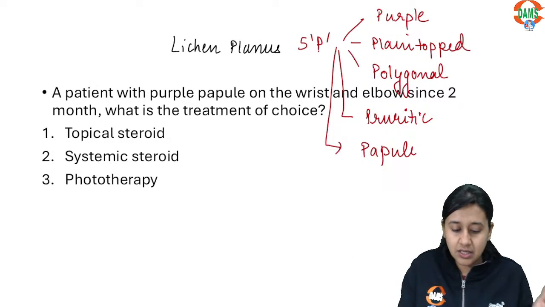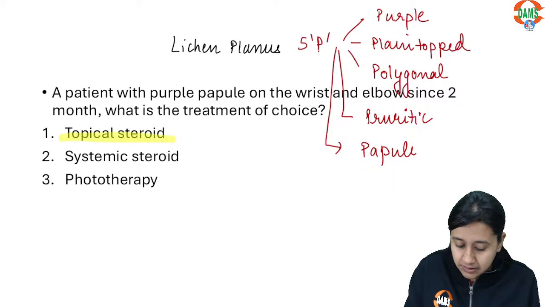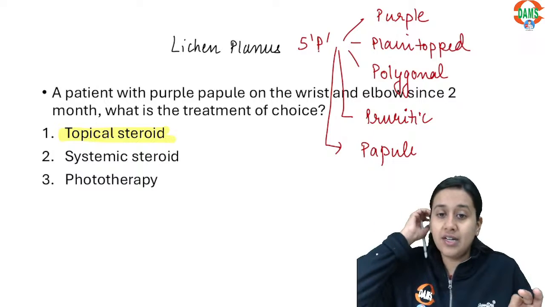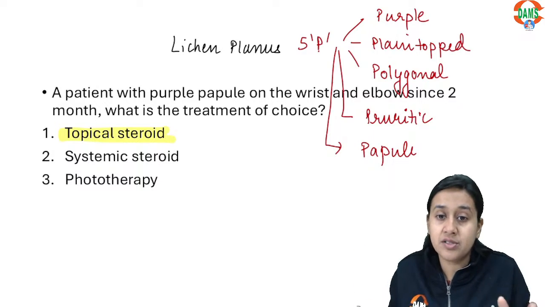But this was the question, and when you know that the diagnosis is lichen planus, please remember the treatment of choice is topical corticosteroid. For lichen planus, the first treatment of choice is topical steroids.